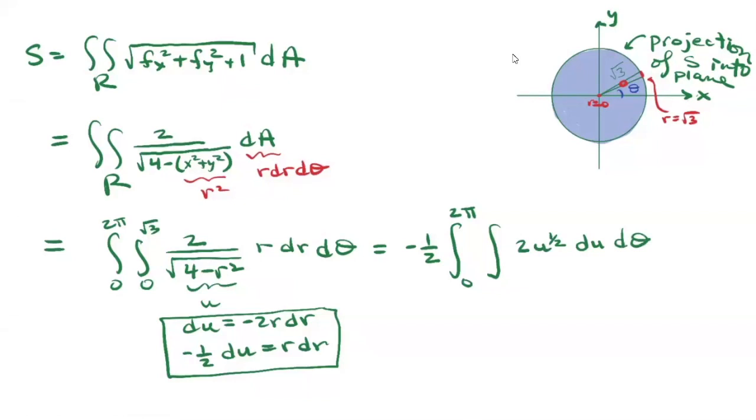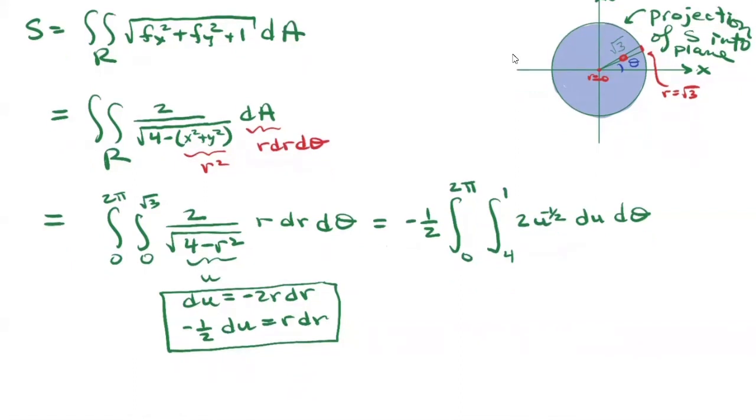So when r is 0, u is 4 minus 0 squared, so the lower limit on u is 4. When r is the square root of 3, u is 4 minus the square root of 3 squared, which is 4 minus 3, that's 1. See how the limits are backwards? That's because the differential was negative.